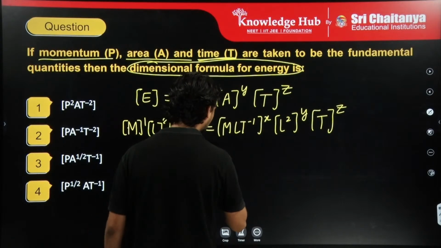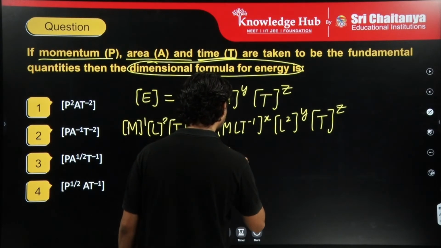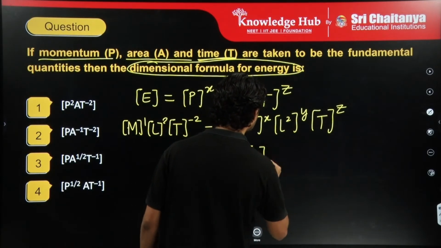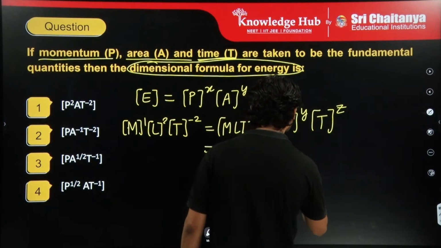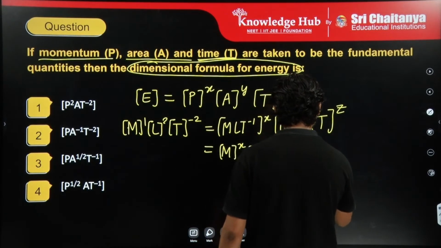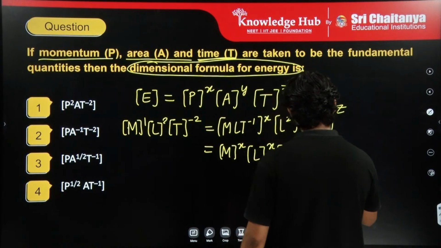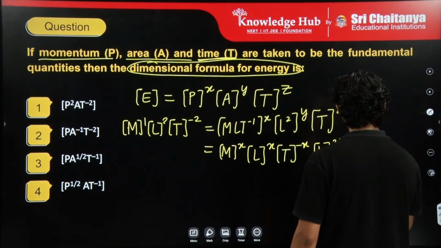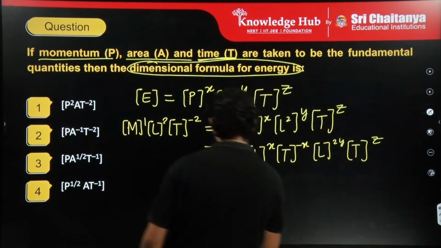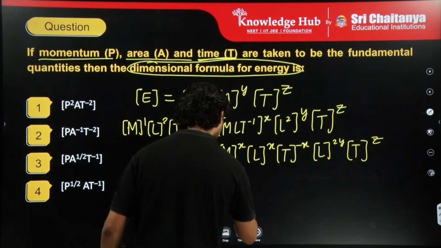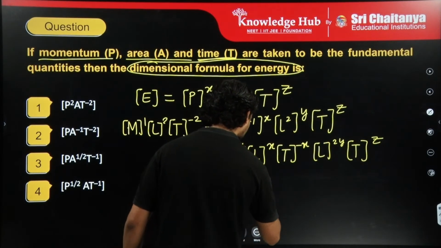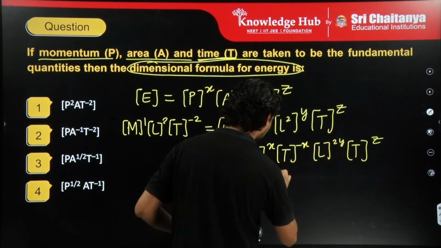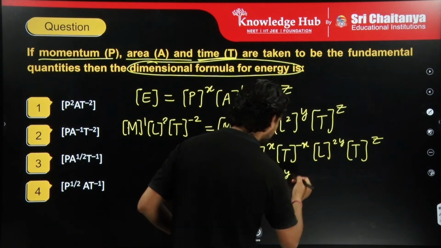So what do I have here? I have M raised to x, L raised to x, T raised to minus x, L raised to 2y, T raised to z. Now let's collect all the terms for L: L raised to x and L raised to 2y, so I can write x plus 2y because powers add.